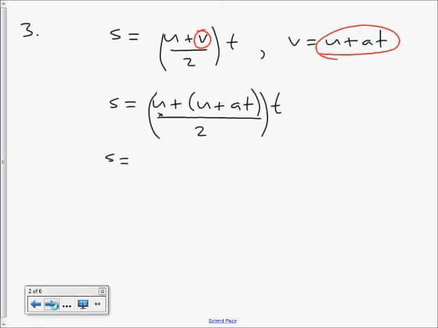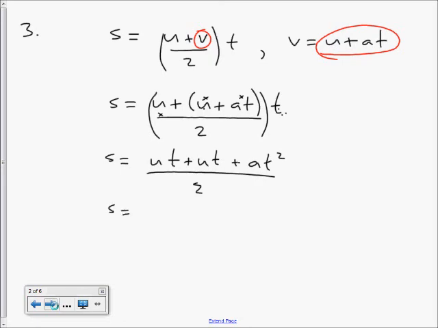u here times t is ut. Let's leave the 2 in there for now. And then we've got u here times t, so we've got another ut. And we've got at times t, at squared.